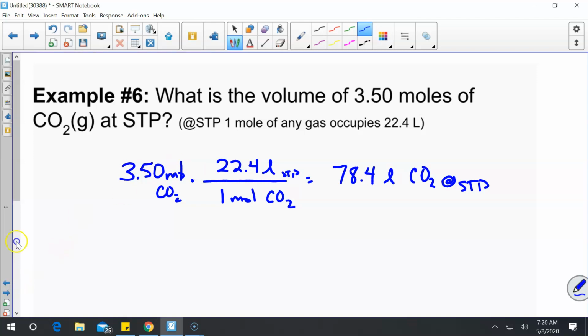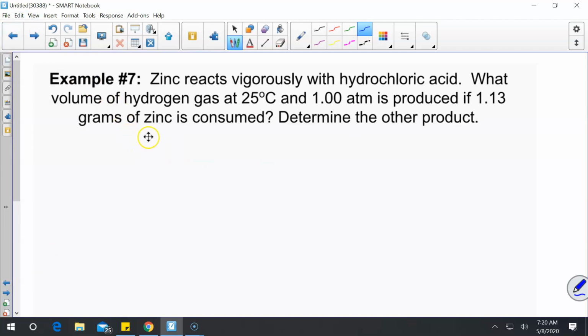So now I'm going to do another problem here. And this one is going to relate stoichiometry to our gases. Okay? Now, notice in this problem, just like with all our stoichiometry problems, the first thing we need to do is write out the equation and balance it. So I'm going to start with that. Zinc, that's a solid, plus hydrochloric acid.